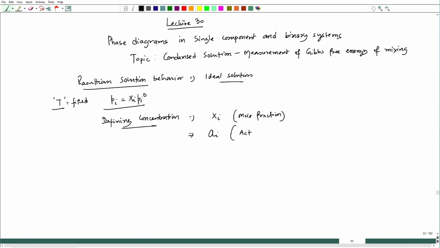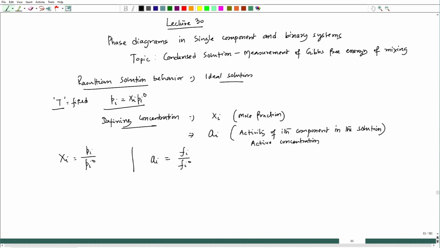We call it activity of ith component in the solution, or we can say active concentration. And this activity Ai can be related to one quantity called fugacity.